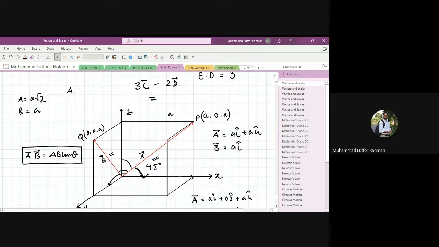What about A dot B? A dot B would be basically a square, because i dot i is 1, but i dot k is 0. Now plug it into cos inverse of A dot B, a square divided by a square root 2, which is 1 over root 2, which is definitely going to be 45 degrees.